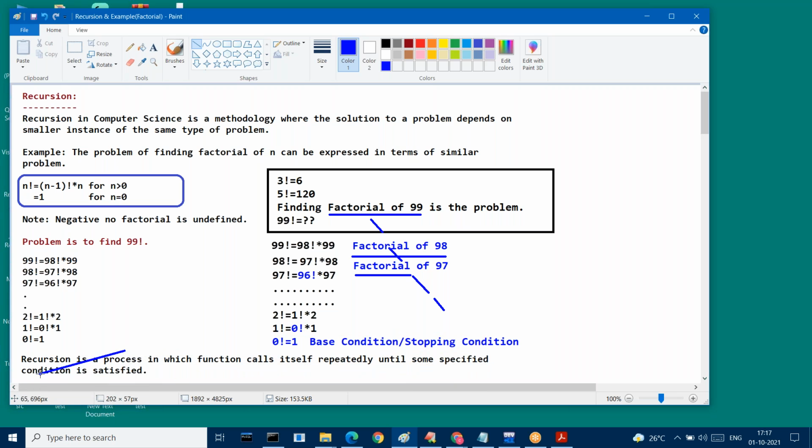And what is that specified condition? From problem statement to problem statement, that condition will differ. But for factorial, that specified condition is factorial of 0 is 1. That is the specified condition for factorial, and that's why it stopped here. When the specified condition is satisfied, no more calling. Stop, stop. You have reached the base condition.